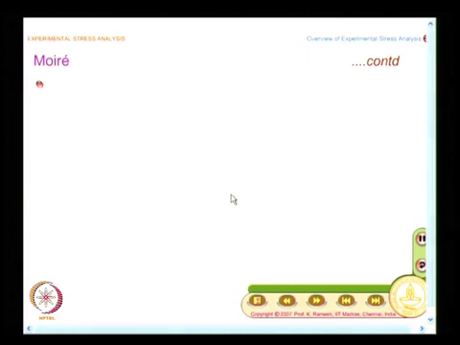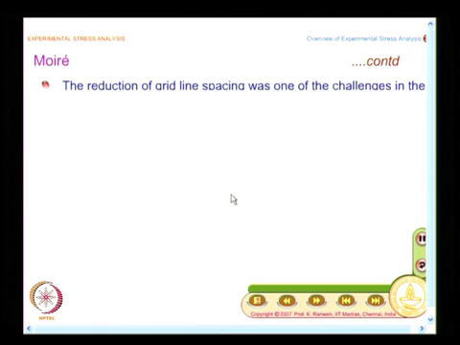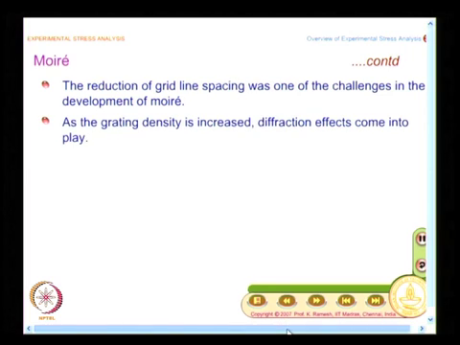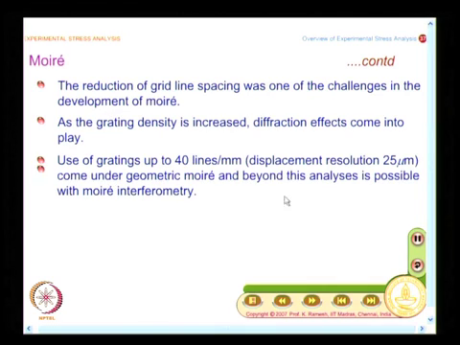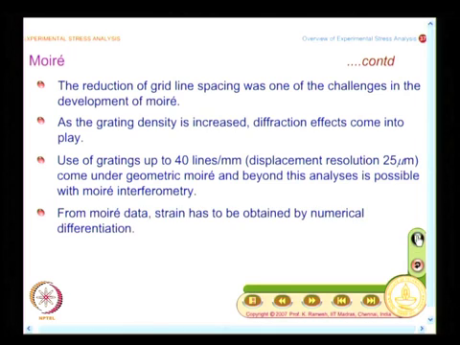Now, we also looked at the reduction of grid line spacing, which was a challenge, and many scientists have contributed to it, and we have also seen that as the grating density is increased, the fringes become finer and finer. And I said a thumb rule which says up to 40 lines per millimeter, you can call it geometric Moiré.